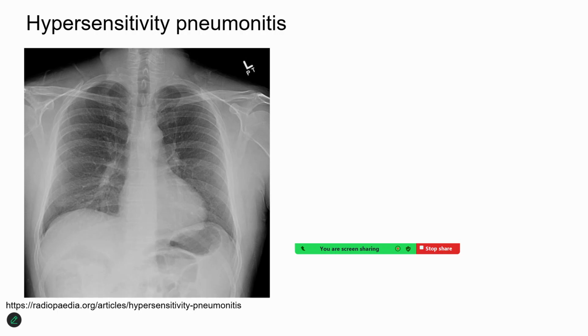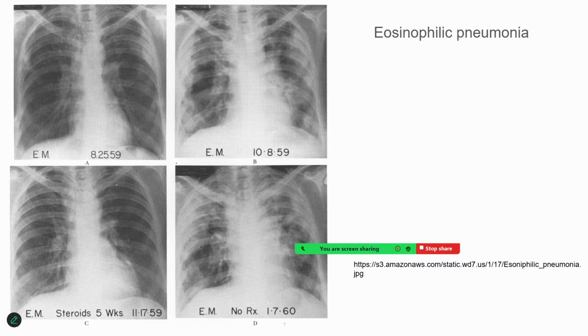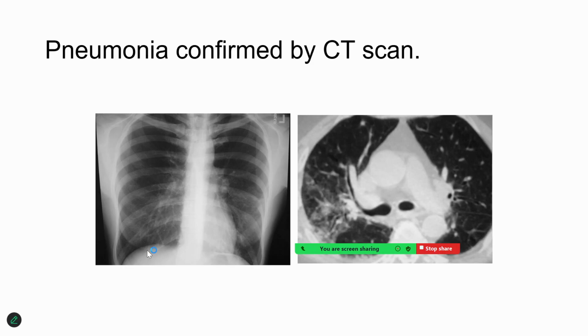Instead, there could be a precipitation of the consolidation when the patient is exposed to the allergens, and it can also result in what we call eosinophilic pneumonia, where the lobar distribution of the lesion may not be very accurate or clearly defined. It could be haphazard consolidation, and this also requires a different sort of treatment. The same protocol of treatment may not be enough. That's a variation as such.